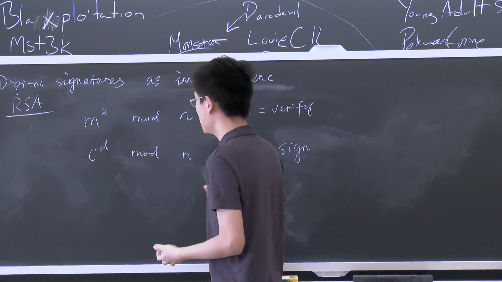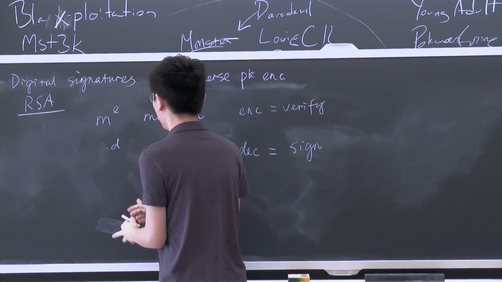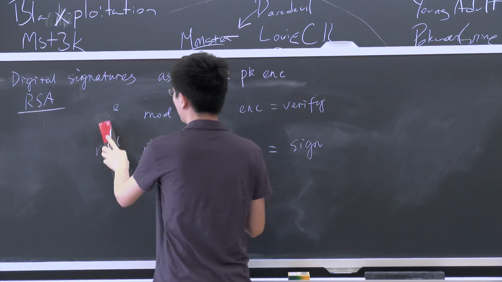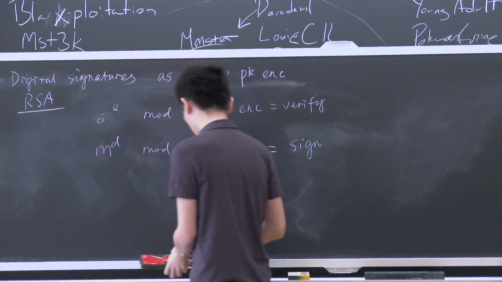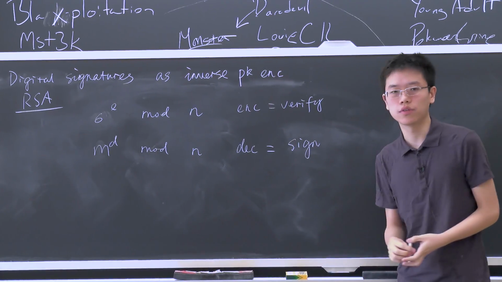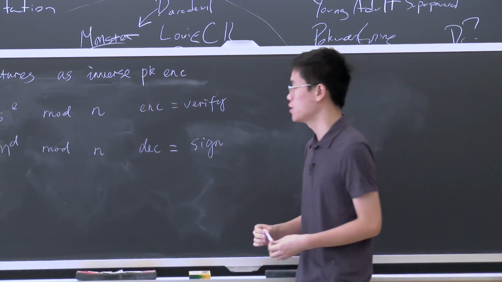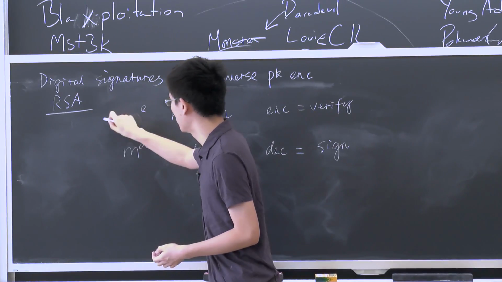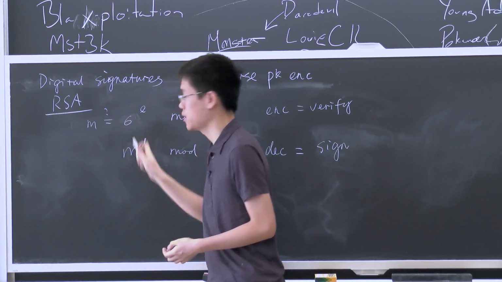This is RSA encryption. I'm going to transform it into a signature scheme where sign signs a message and verify raises the signature sigma to the power of e and checks whether or not I get back my message.